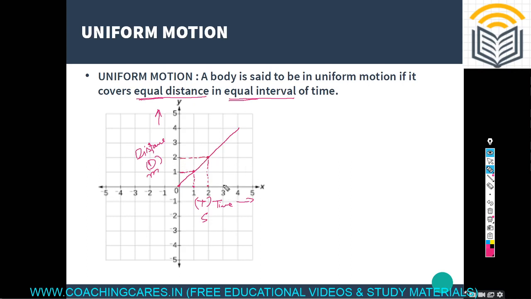Another 1 second, the body moves to this point, the same distance, 1 meter. So we can say in each equal interval of time, which is 1 second, the body moves equal distance, which is 1 meter. So this motion is called uniform motion.